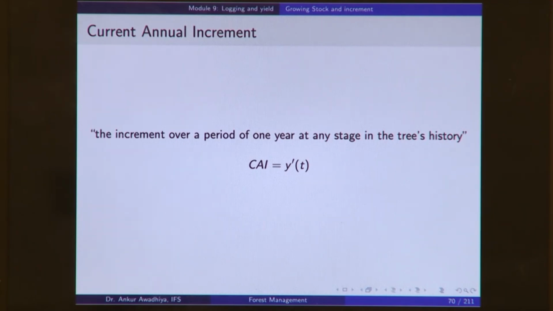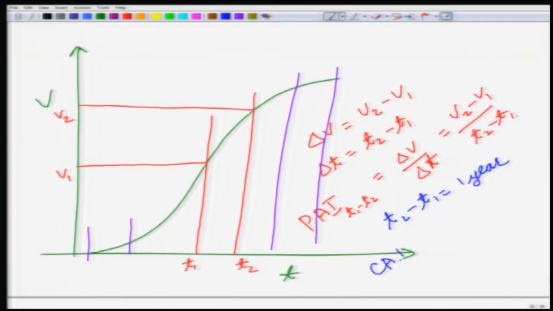So, in this case you will have CAI equal to delta V by delta T, and delta T is equal to 1. So, this is equal to delta V, or if you want to represent it mathematically, the CAI is represented as the slope of the curve at any point.